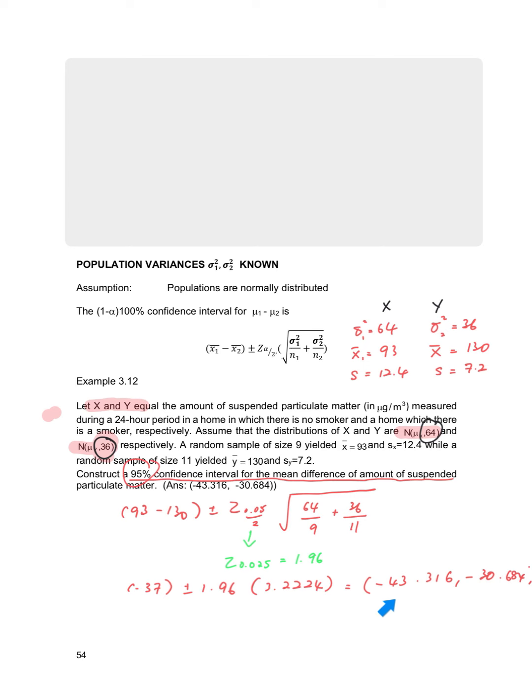Okay, so make sure you do the minus sign first, baru plus sign. Okay, so the answer for example 3.12 is negative 43.316 and negative 30.684. So mesti buat kurungan ya, barulah dia menunjukkan confidence interval value.